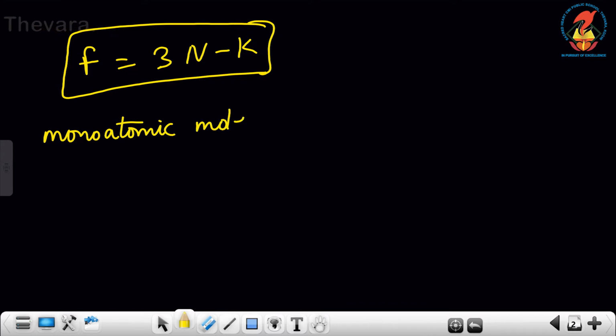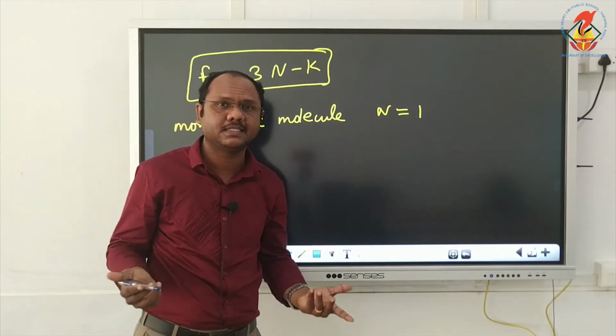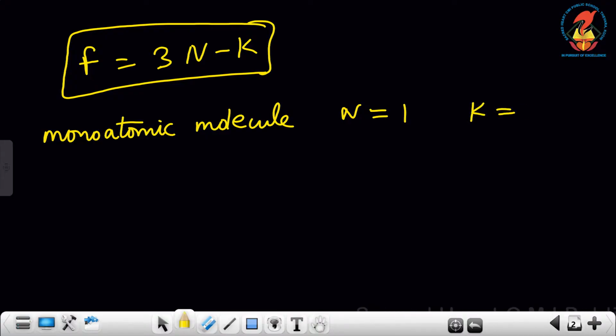For a monoatomic molecule, the number of atoms is 1. There are no bonds or interconnections because it stays single, so K = 0. Therefore the degrees of freedom is 3 × 1 - 0, which is 3. So a monoatomic molecule has 3 degrees of freedom. Now diatomic.